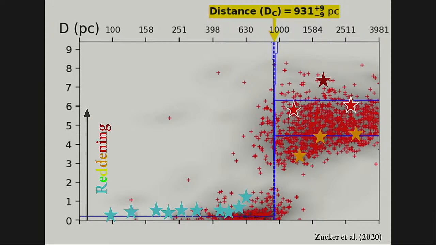Now, when we look here, we see that only the stars beyond a certain distance have had this large amount of reddening happening. This tells us that their light has passed through a large quantity of dust that the light from the nearer stars hasn't. And voila, molecular clouds have lots of dust.